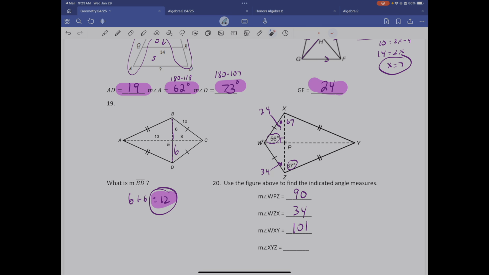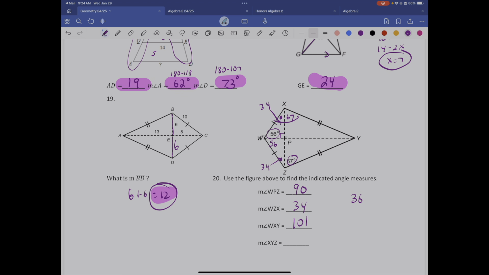And then the last one it's asking for is X, Y, Z. Okay, so with X, Y, Z, we know this one has to be 56, and we know all of these angles here, here, here, and here have to add up to 360 because it has 4 sides.